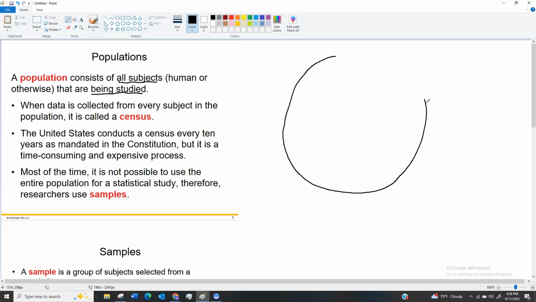The population is typically fairly large, and the problem with that is that sometimes it's hard to get information from every single subject within the population. When data is collected from every subject in the population, that's called a census.